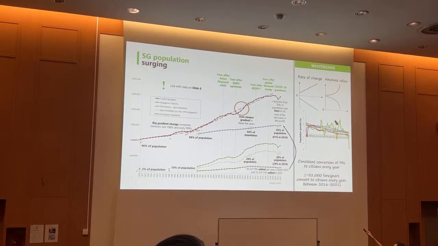So you can see that I say year after Asian financial crisis, year after, year after, year after. Why is this so? Because the full effect of the event would not appear so fast. It takes time to penetrate to the labor market and the population profile.